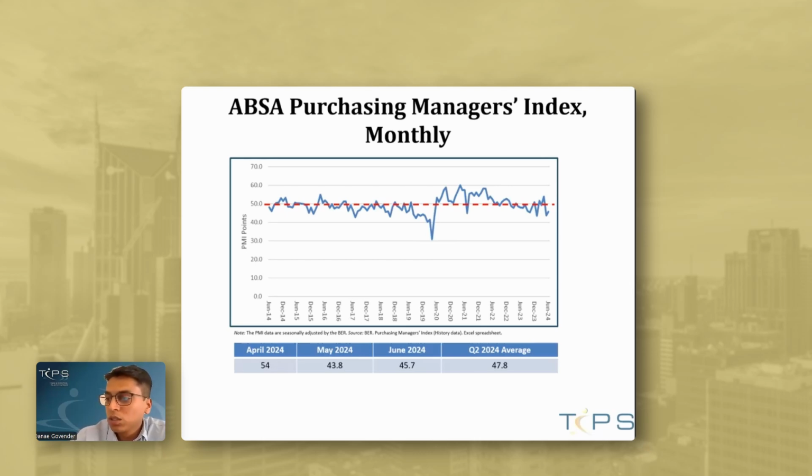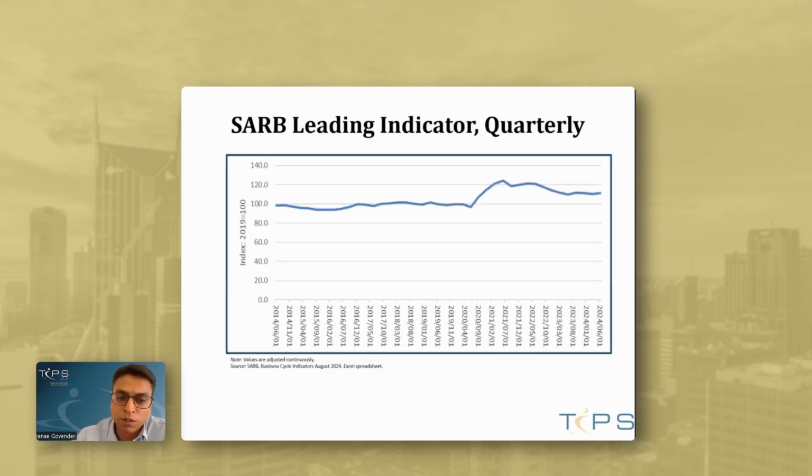By the end of the second quarter, the PMI remained in negative territory, despite increasing by 1.9 points to reach 45.7 points in June. And that gives us an average over the second quarter of 47.8 points, still below the 50-point neutral mark.